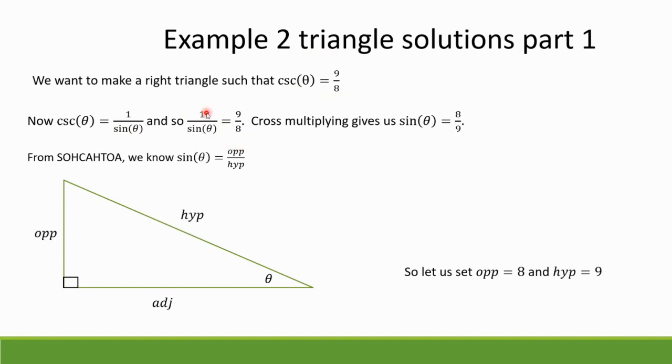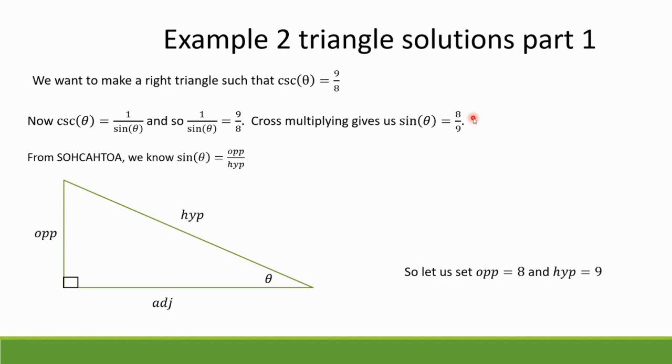I think we've done an example like this before. It's based on cross multiplying, and what you end up getting is sine of theta is 8/9.